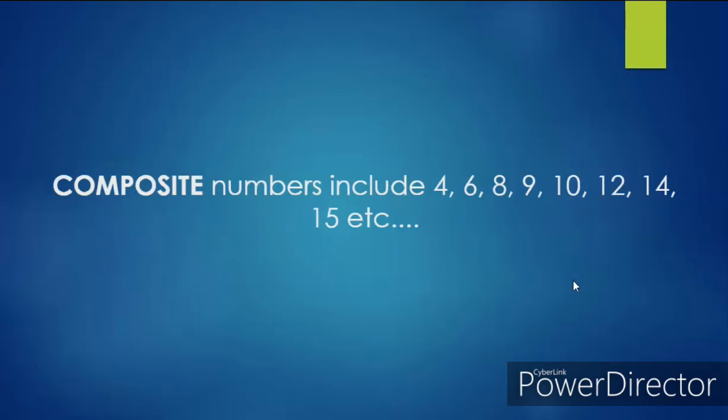Now, composite numbers include numbers like 4, 6, 8, 9, 10, 12, 14, 15, and so on, but not a prime number. So composite numbers are numbers that have more than 2 factors. 4, for example, has more than 2 factors.